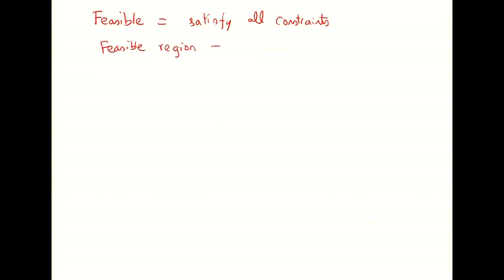The key word to remember is feasible, meaning you satisfy all the constraints, and feasible region. Informally, it's the set of assignments to the variables that satisfy all the constraints.